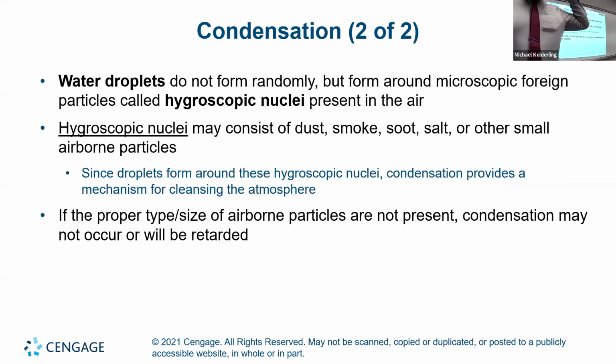So condensation occurs around crud in the atmosphere, and that then falls as rain eventually. And so you get that material cleaned out of the atmosphere. And if the proper type and size of airborne particles aren't present, condensation may not occur or will be delayed, retarded.